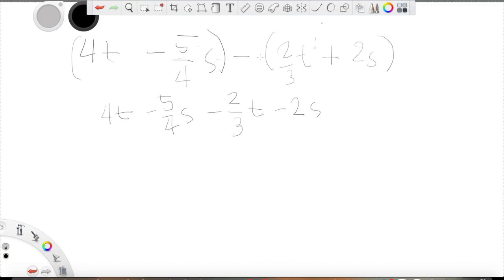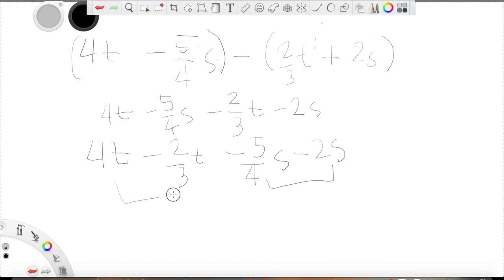So 4t minus 5 over 4s minus 2 over 3t minus 2s. Now we combine the like terms, the s's and the t's: 4t minus 2 over 3t, and negative 5 over 4s minus 2s.